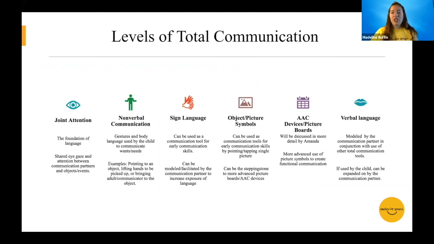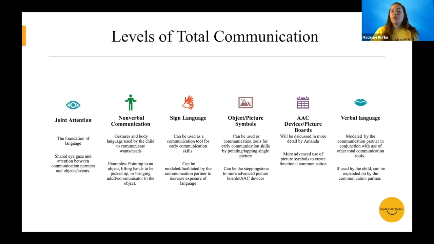Nonverbal communication are gestures and body language used by the child to communicate their wants and needs. These might look like, again, pointing to an object, lifting hands to be picked up, or bringing an adult an object that they want. Then we can build on that by using a formalized sign language.